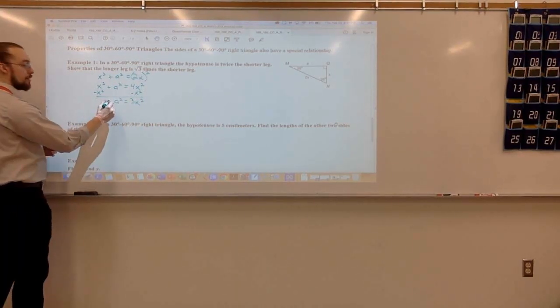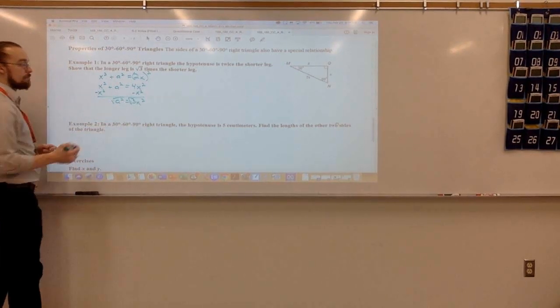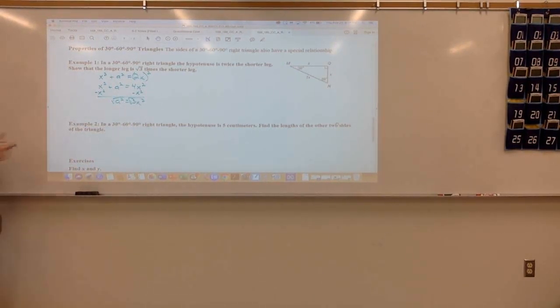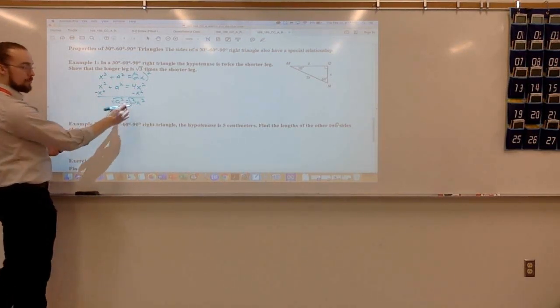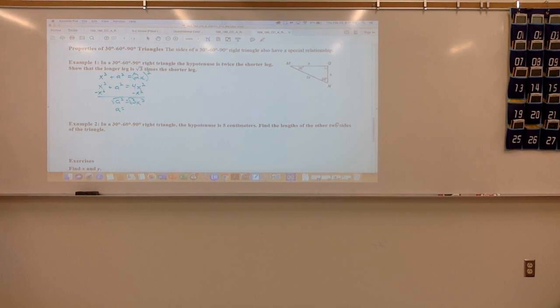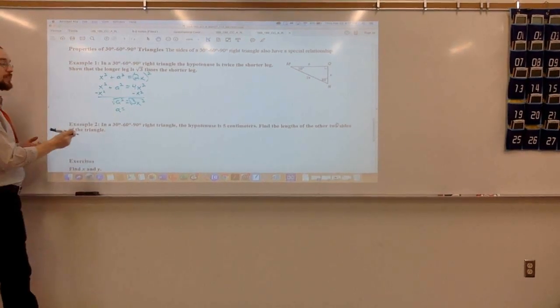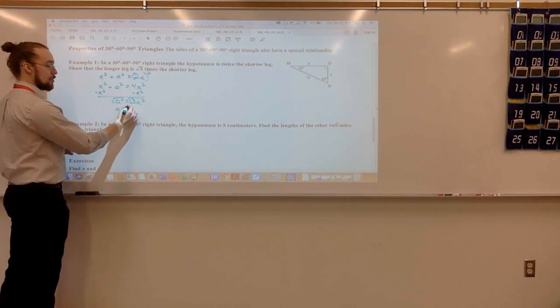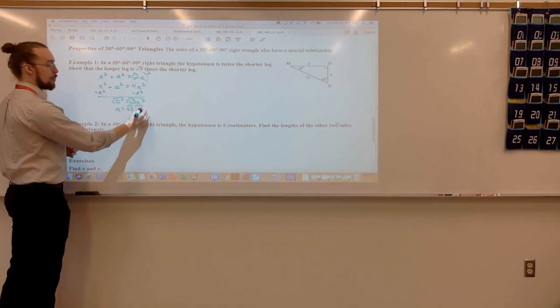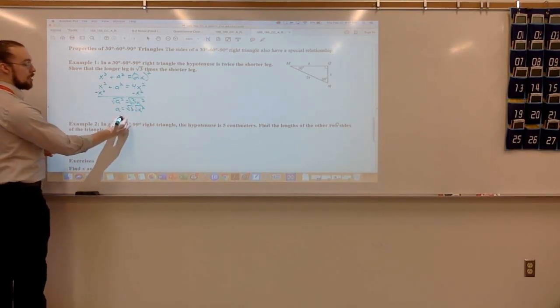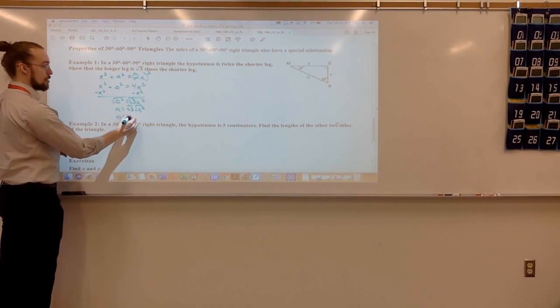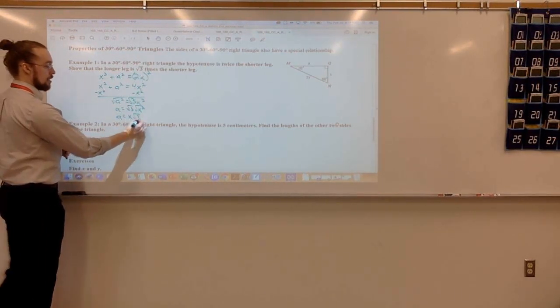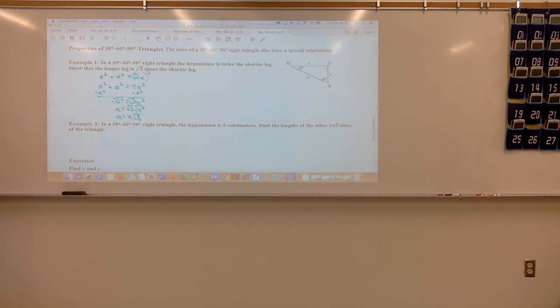So now I can take the square roots of both sides to solve for a. And just like we did on the front, whenever we're taking the square root of something that has multiple terms being multiplied, I take the square root of each one individually. So the square root of 3 times the square root of x squared. And the square root of x squared is just x, and the square root of 3 stays.